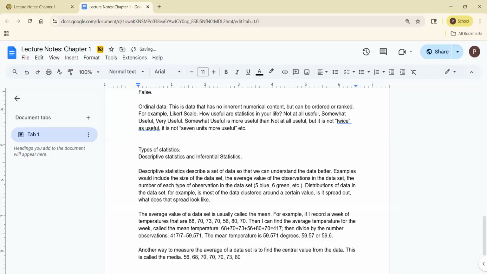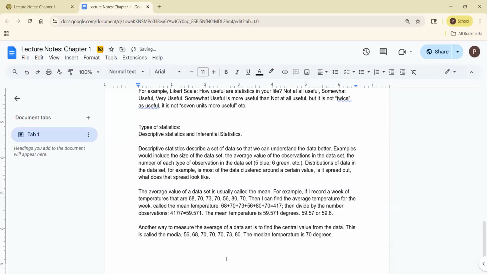And then I just find the number that's right in the middle of my ordered list, which is 70. So the median temperature is 70 degrees.